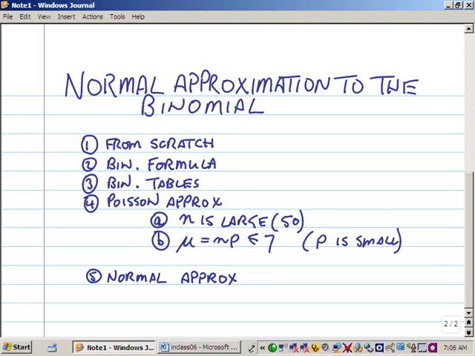Those are called multinomial distributions, and they also can be approximated with the normal. And that's a lead-in to the next module, where we talk about what are called sampling distributions. But in any case, back to our normal approximation.